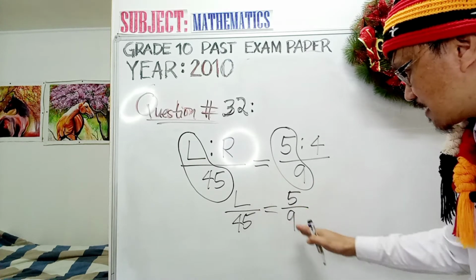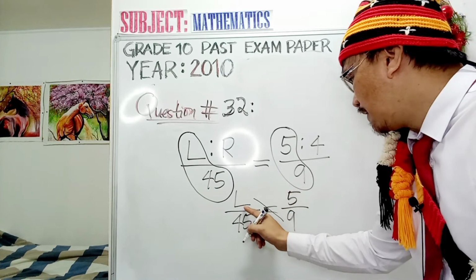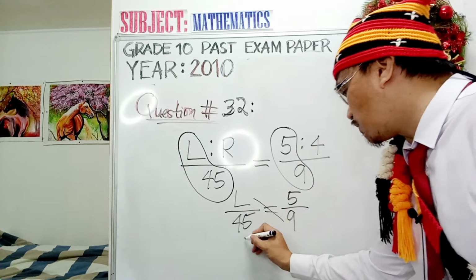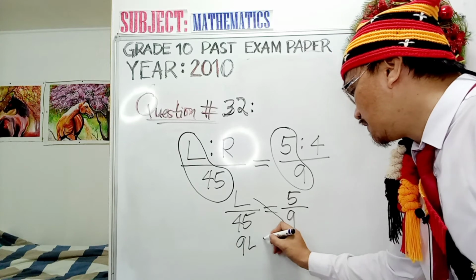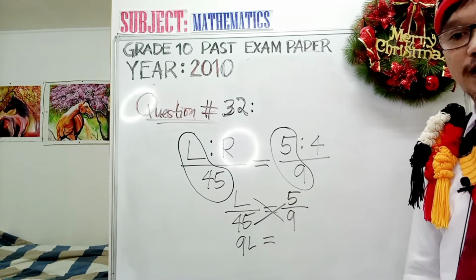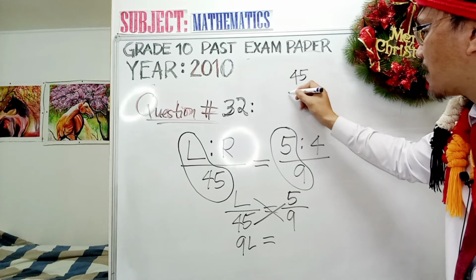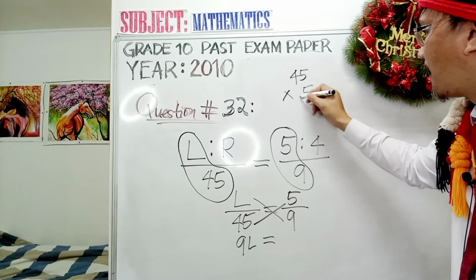You have this expression now, you cross multiply. L times 9 equals 9L equals 45 times 5. So you will have to use 45 in your rough paper times 5.